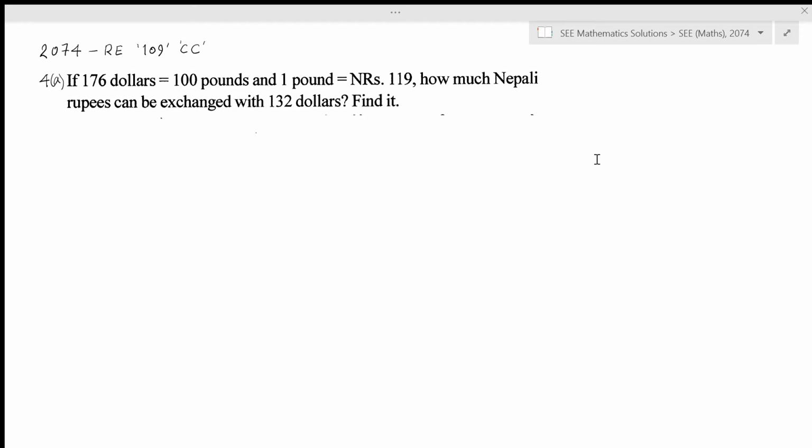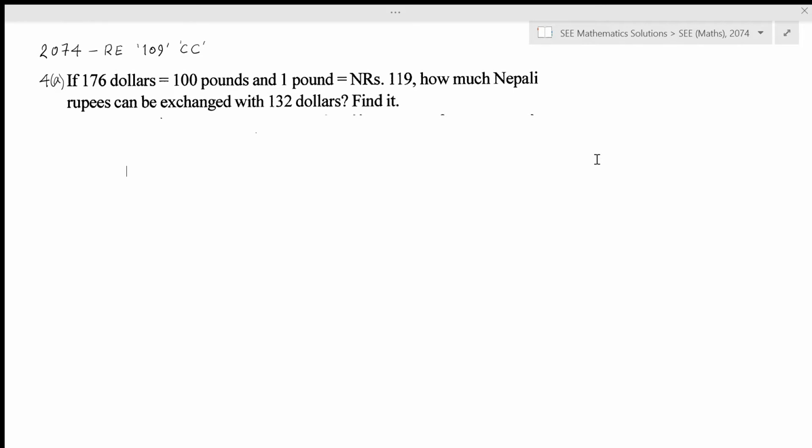So let me just introduce the marking scheme of Group B. Group B contains 17 short problems and each problem is worth 2 marks. This type of problem basically deals with writing down the correct formula and then substituting the values.